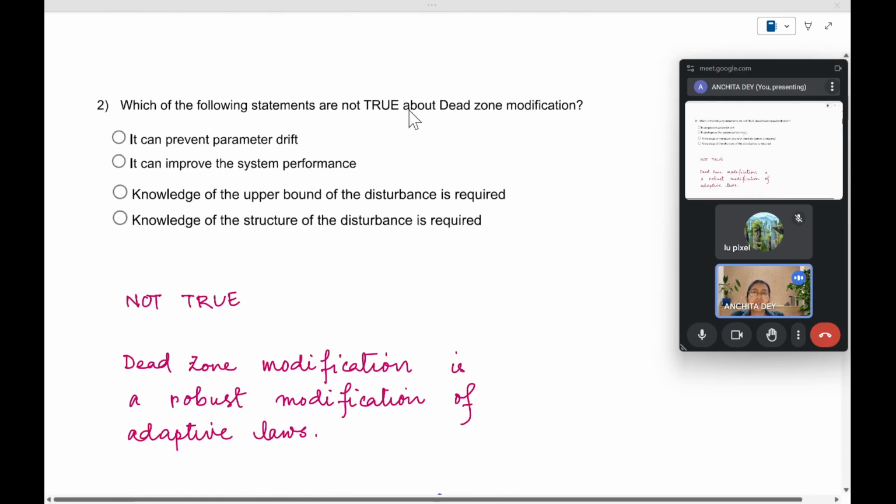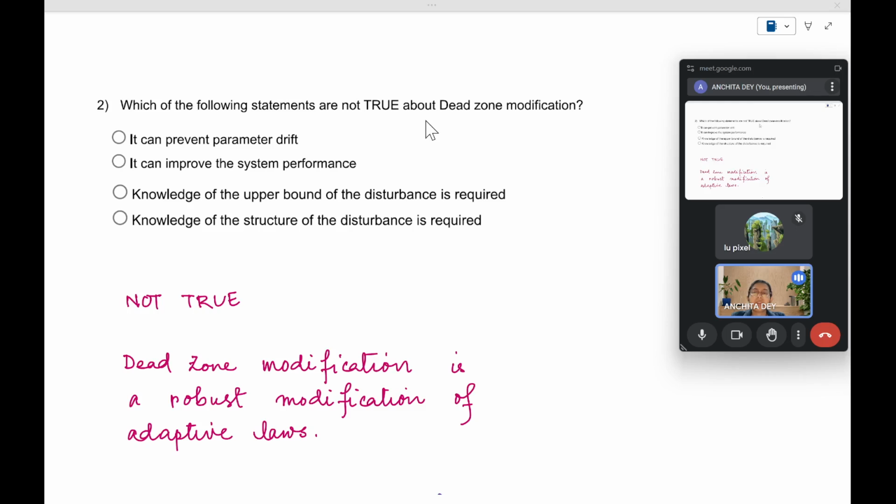So if you are robustifying your adaptive law, if you're robustifying the controller basically, then of course the system performance would be better because you have addressed the disturbances that were present in the model, right? So it would improve the system performance.